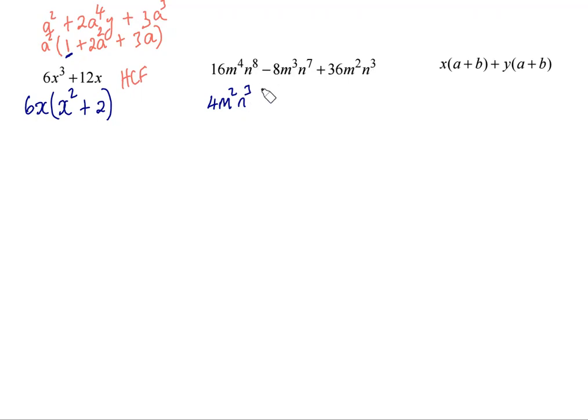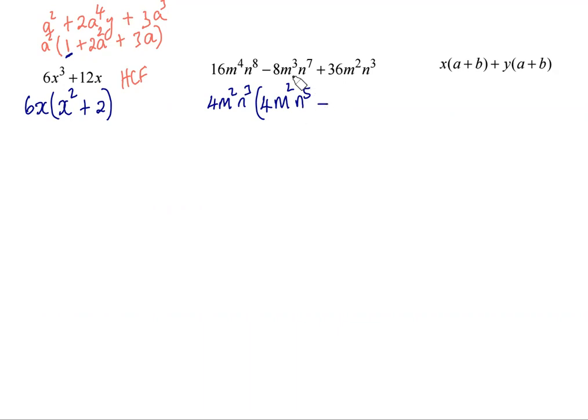So let's look here. We have got our factor here. This is our highest common factor. Now, 4 into 16 is 4. Then if we say m squared into m to the power of 4, we're going to get m squared. Then n cubed into n to the power of 8 is going to give us n5. So we are saying 8 minus 3, we get 5.